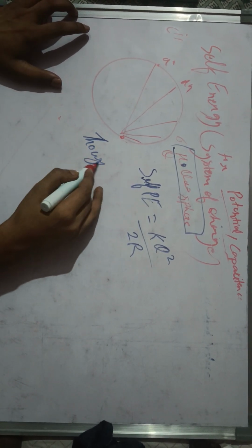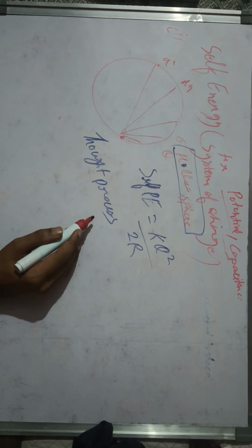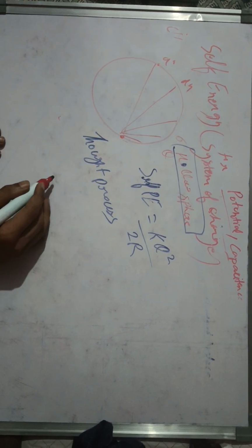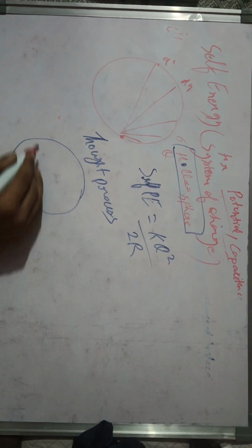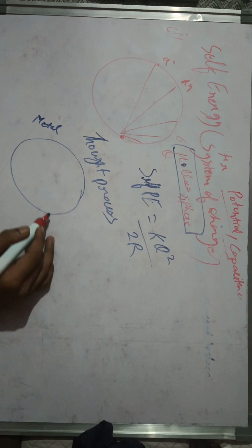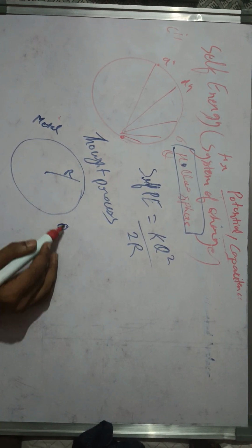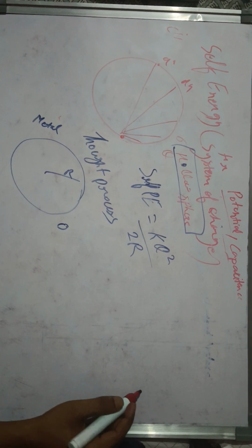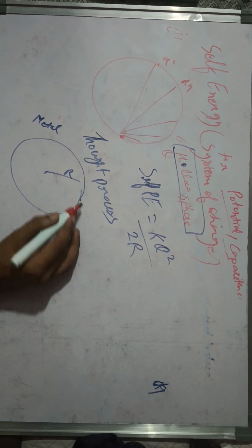The thought process for calculating this is like, let's say this system, this sphere, this is a metallic sphere, and there is zero charge right now on it. It has radius r and it has zero charge on it right now. Now I am bringing some charge dq onto its surface.